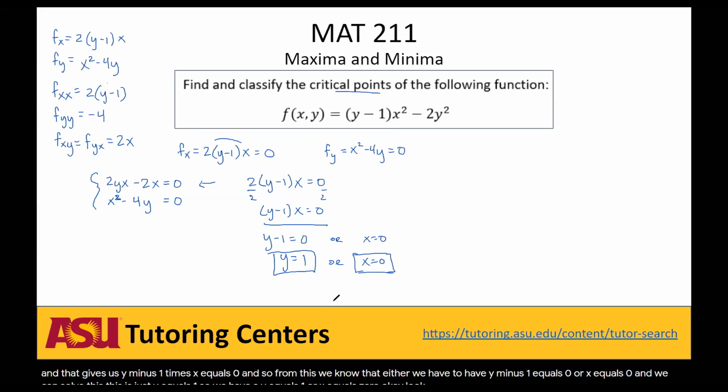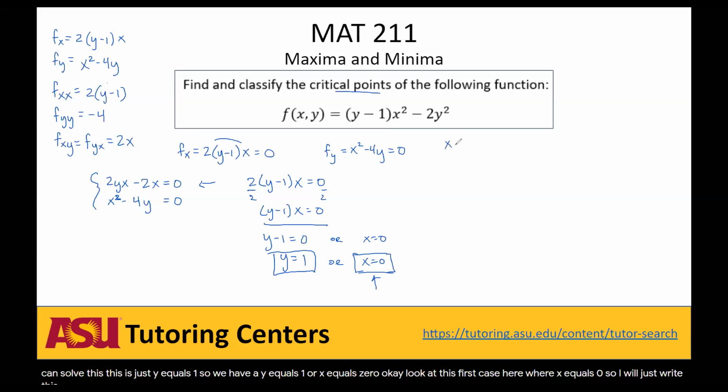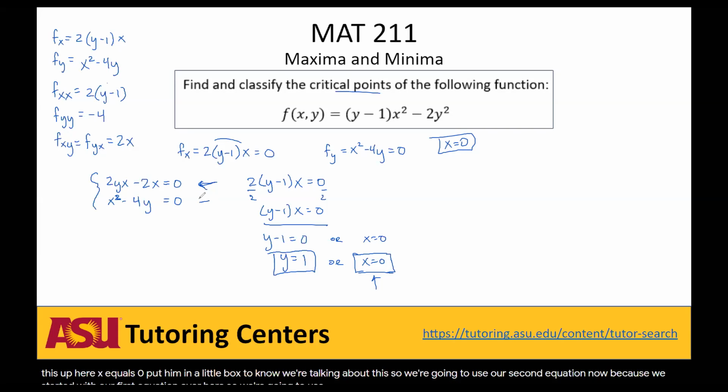So let's look at this first case here where x equals 0. We'll just write this up here, x equals 0, put it in a little box to know we're talking about this. We're going to use our second equation now because we started with our first equation over here. We're going to use our second equation to determine what the corresponding value for y would be. So we have x squared, so 0 squared, minus 4y equals 0.